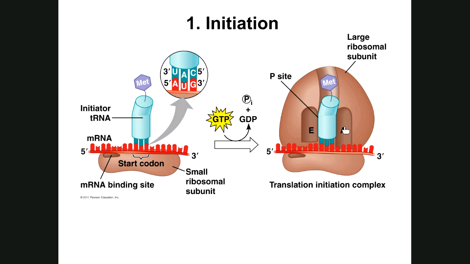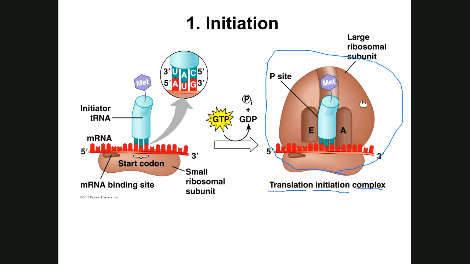Now listen carefully. Once the large subunit has attached to the small subunit, which is attached to the mRNA and the initiator tRNA, we now have the formation of the translation initiation complex.